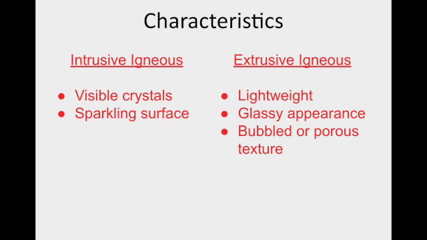There are usually holes in basalt. Think about lava before it cools and hardens. Think about how it bubbles, because it's so hot and there are gases in there. Sometimes those gases are trapped, so it creates these holes in the rocks. Okay. So those are your characteristics for igneous rocks, specifically for intrusive and extrusive.